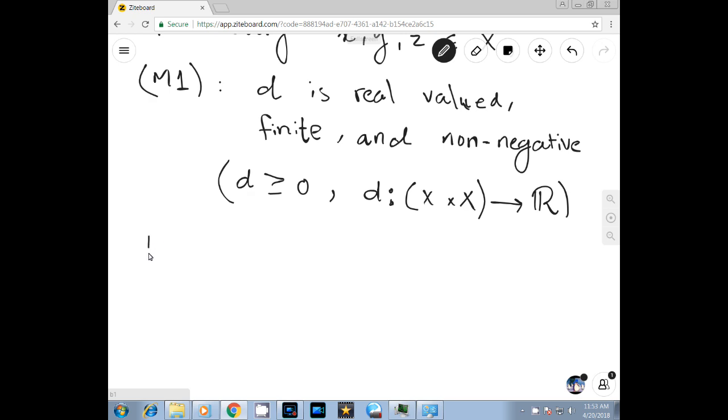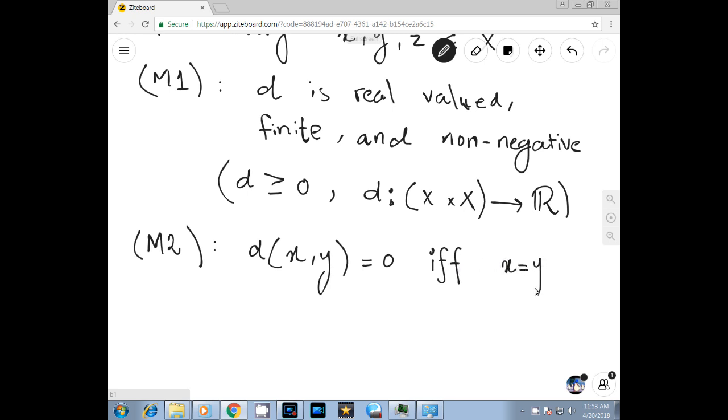The second property is M2, and it says that the distance of x and y, if we take any two points x and y and apply the distance on them, is 0 if and only if these two points are identical.